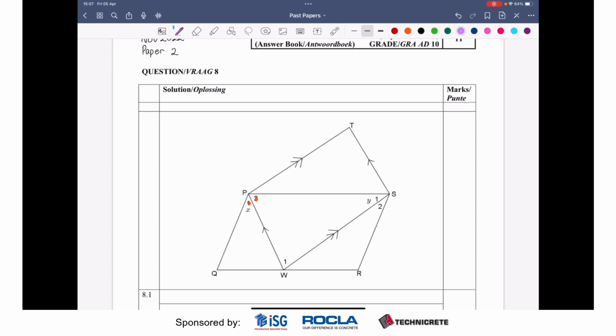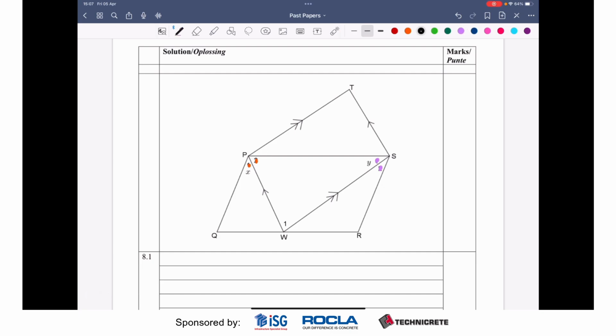And I'm also told that SW, this line, bisects PSR, that is this angle. So that means that this angle and this angle are equal in size. And I am told that PW is parallel to ST and that PT is parallel to WS.